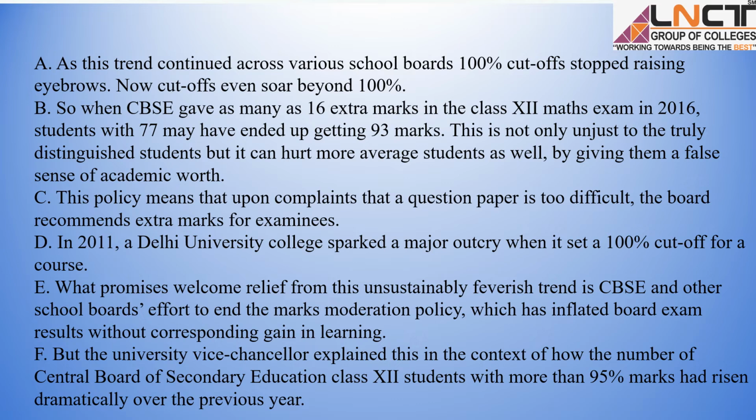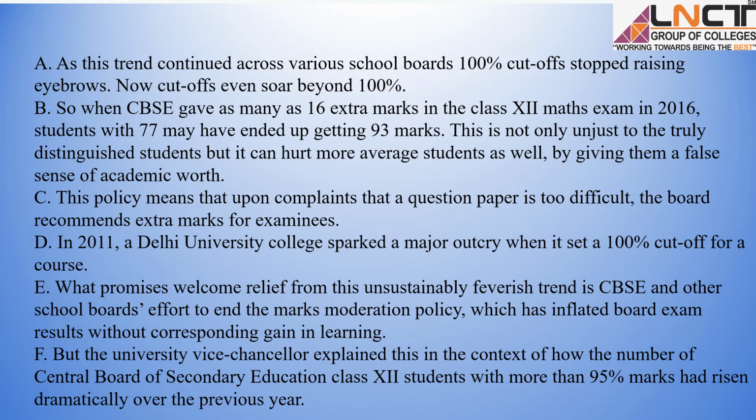Okay, so the sentence F must logically follow D because of the word this in the sentence F, as you can read, but the university vice chancellor explained this in the context of how the number of Central Board of Secondary Education Class 12 students with more than 95% marks had risen dramatically over the previous year.